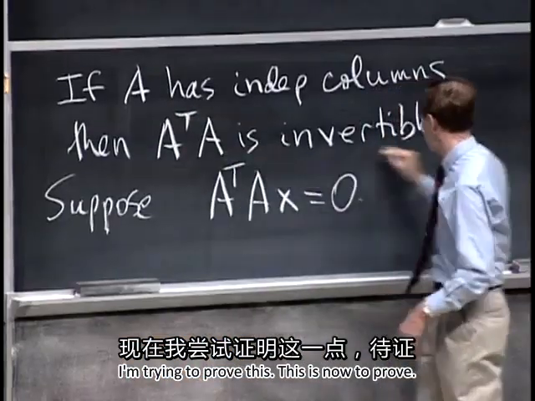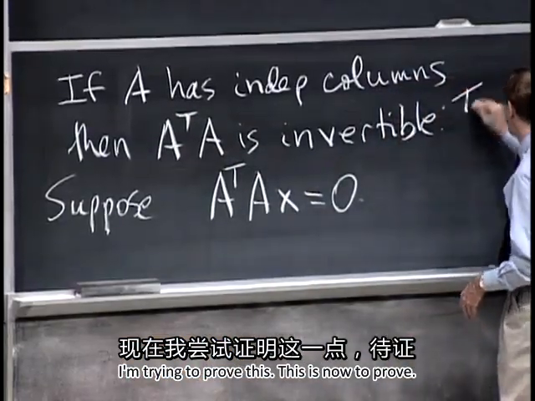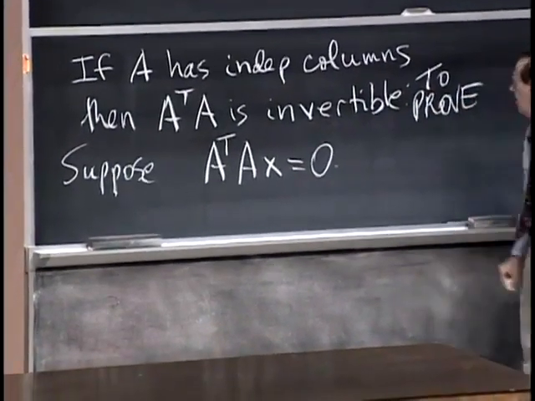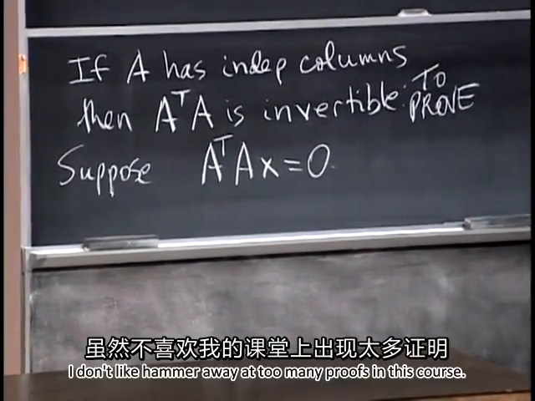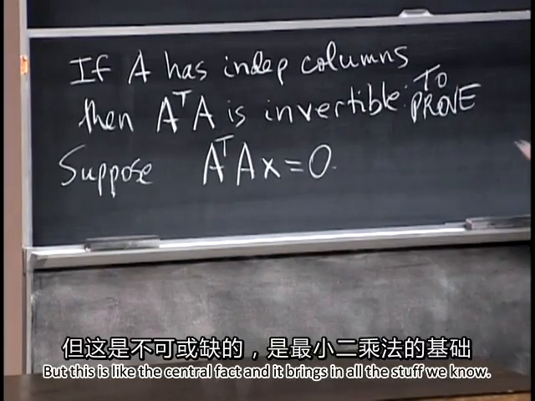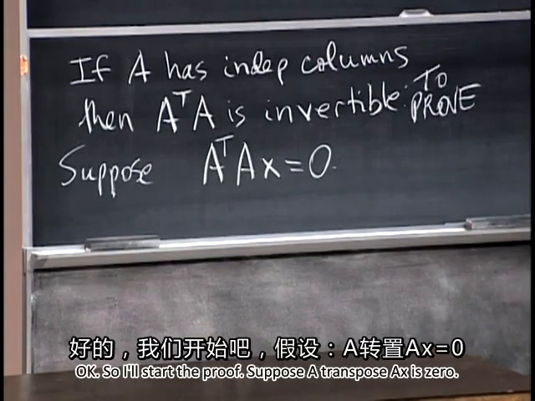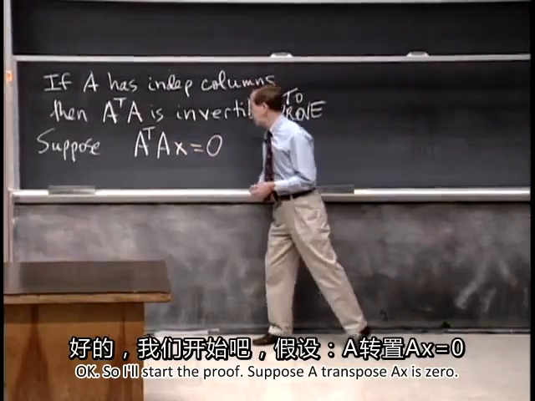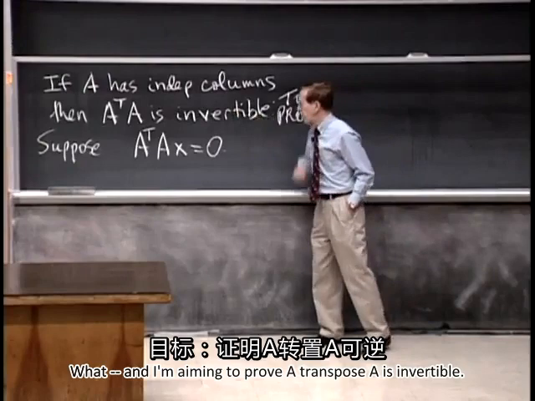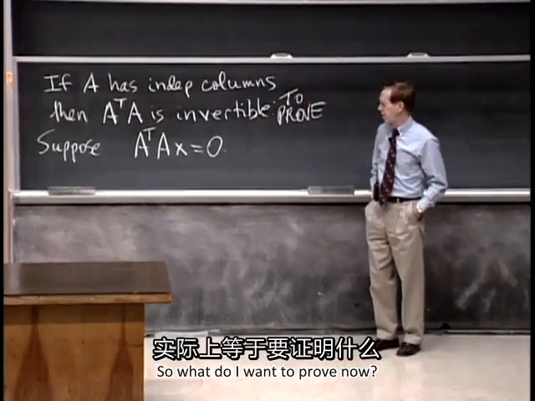This is now to prove. I don't hammer away at too many proofs in this course. But this is like the central fact, and it brings in all the stuff we know. Okay, so I'll start the proof. Suppose A transpose A x is 0. And I'm aiming to prove A transpose A is invertible.